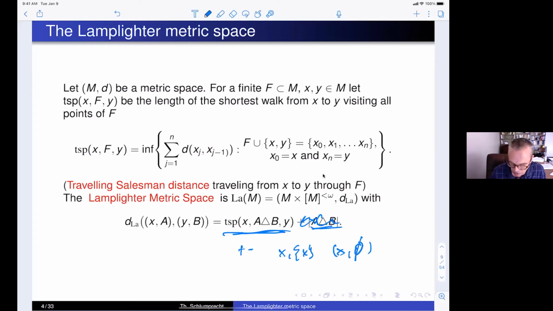So you also need the second part. And it is then more connected to the Lamplighter graph.